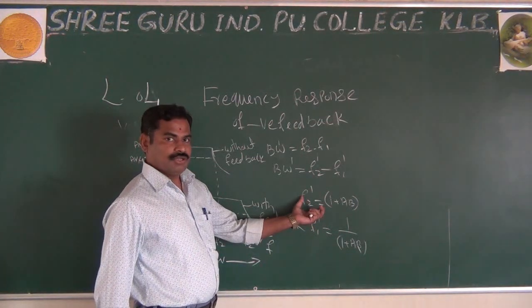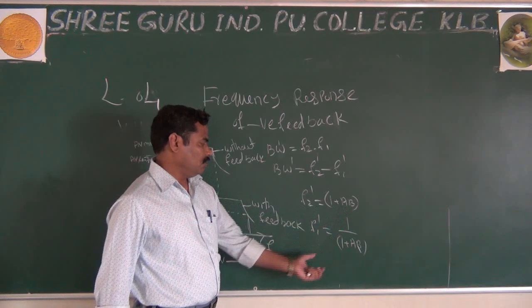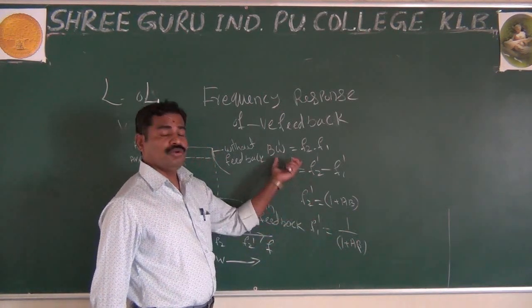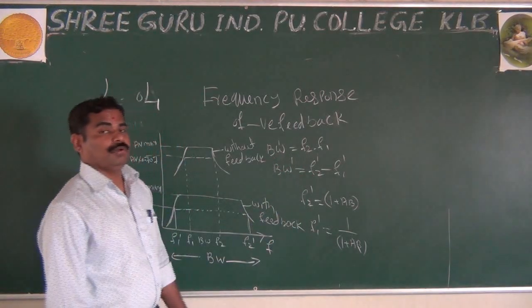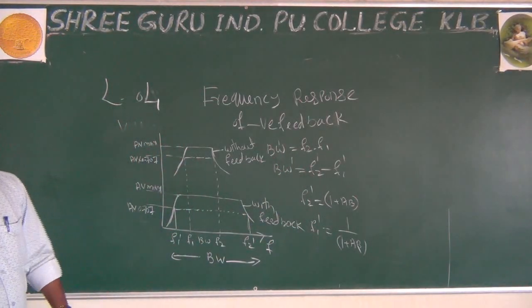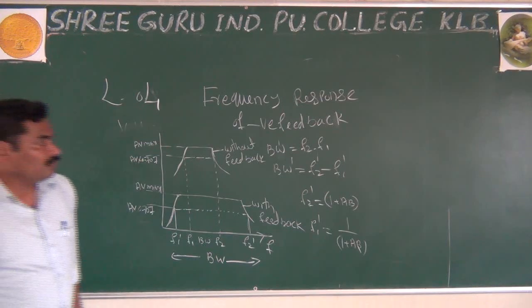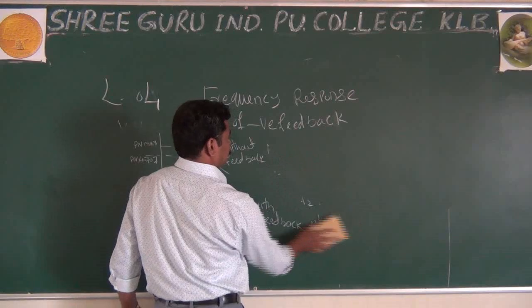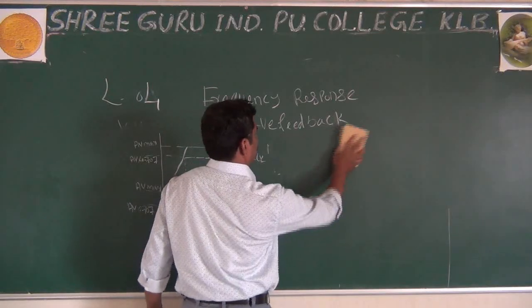The F2 increases by the factor 1 plus A beta and F1 decreases by the factor 1 plus A beta. That's why you get more bandwidth if you apply negative feedback. And finally, you can go for a small derivation of how we can increase the bandwidth.